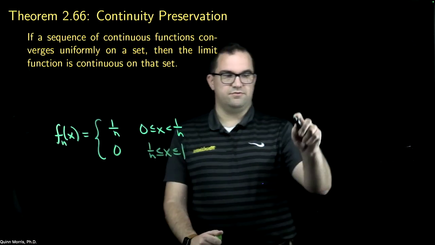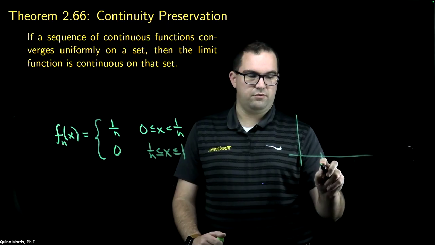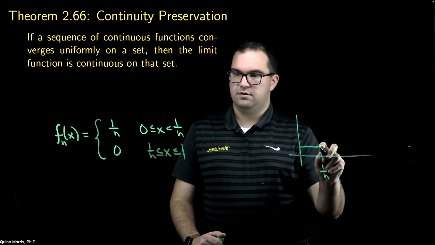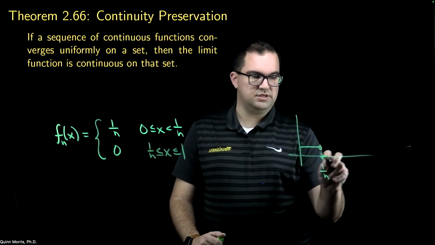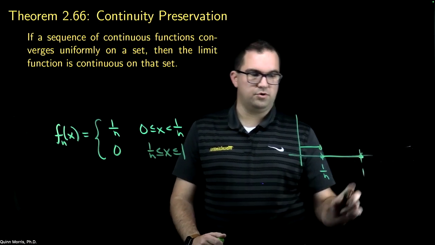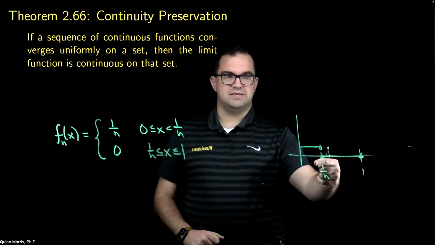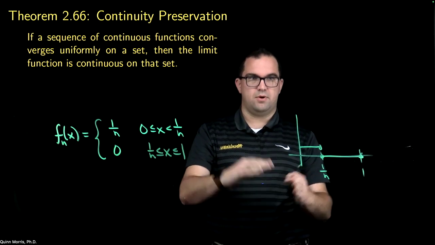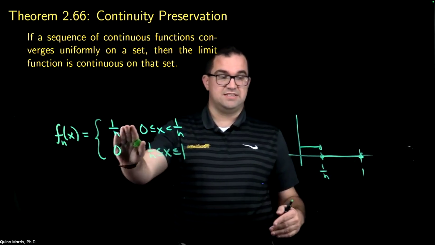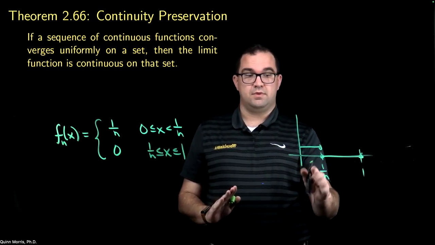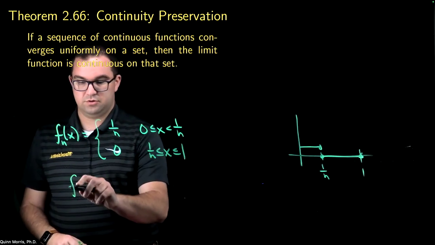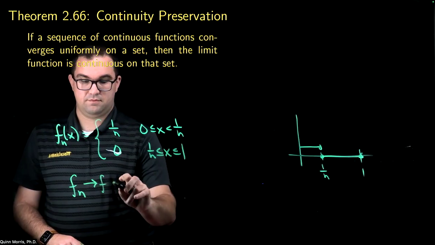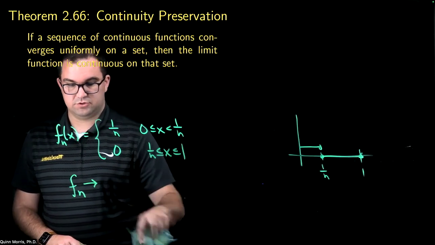So you have this sequence of functions where on the interval from 0 to 1 over n, these have height 1 over n. What's happening as n gets larger is this point is moving to the left. Also, these are getting smaller and smaller. These are all discontinuous at 1 over n, but they converge uniformly to the 0 function.